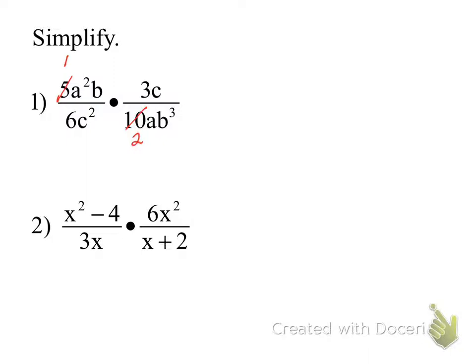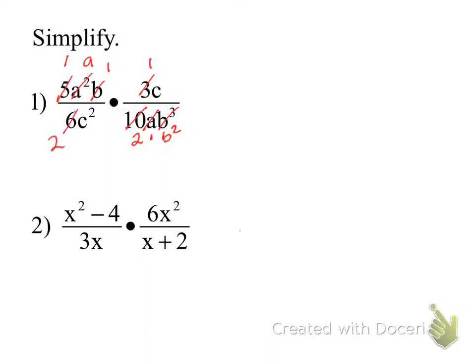What else? A. And in the numerator, I'm left with A. And in the denominator, I'm left with? 1. 1, not none. And then B. And what am I left with? 1. And then in the denominator? You're left with B squared. Good. And what else can be divided out? From 3, you can divide 3. Okay. And in the denominator? 2.